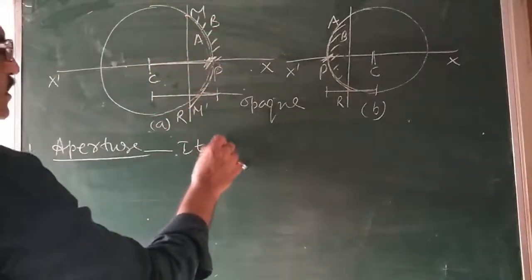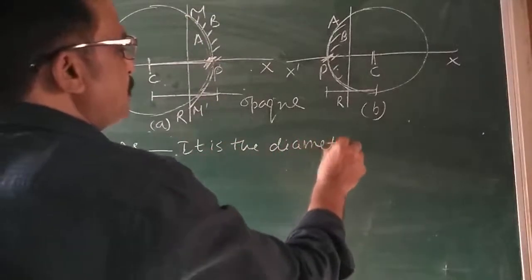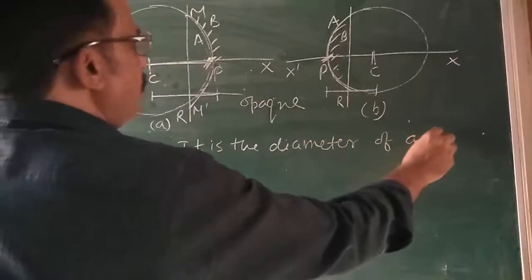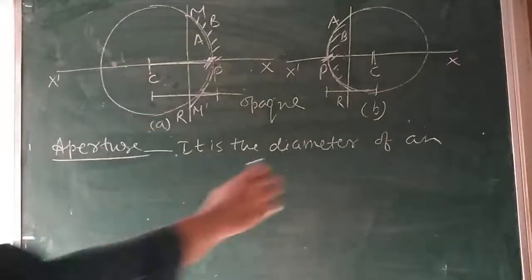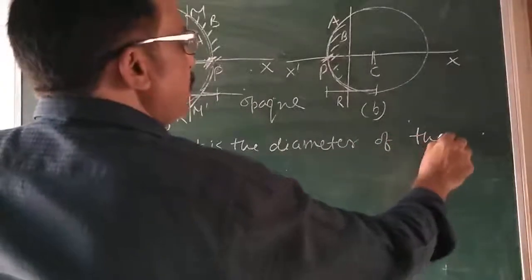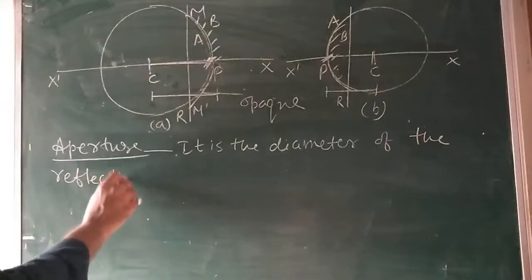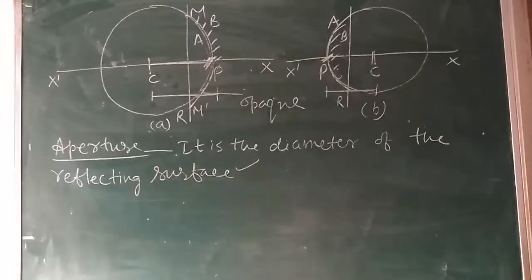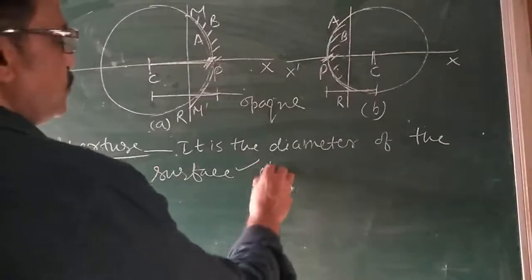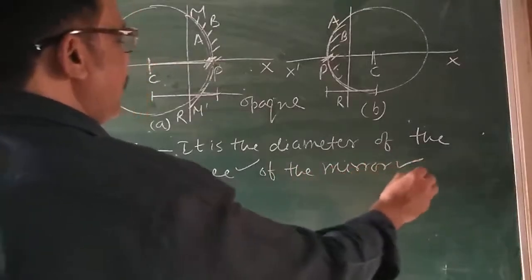It is the diameter of the reflecting surface of the mirror. Okay, write down.